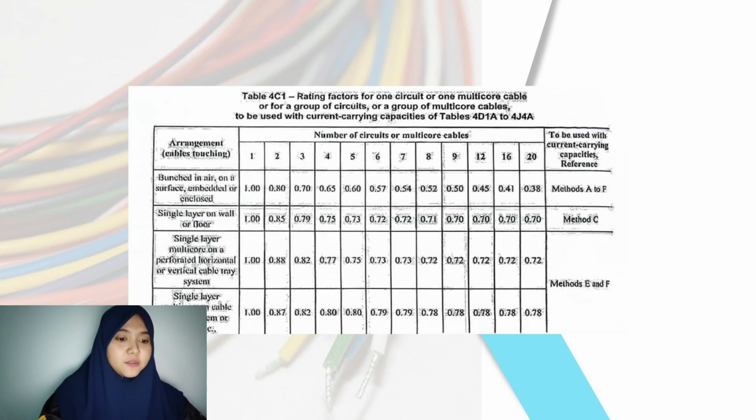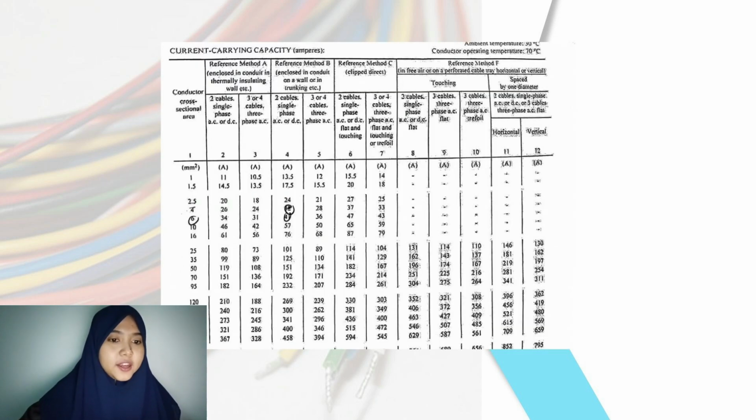Okay, now I will explain the power factor correction. So for the power factor correction, we just refer to the table for C1. So in our group, we just use method B and method D. So we just refer from this table. Then for the cable size, we refer to the current carrying capacity table.